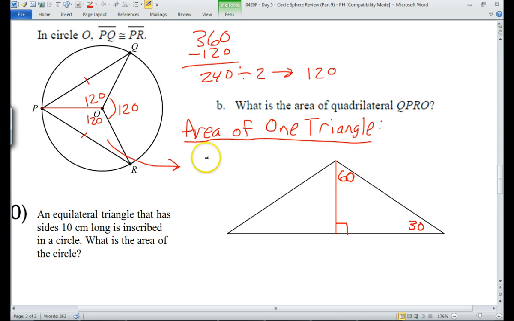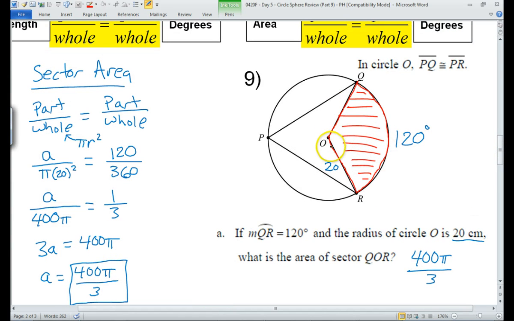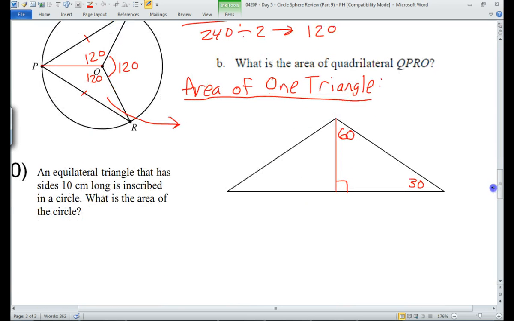Now remember, we know what the radius of the circle is. Okay, if we look back up there, remember that the radius of the circle is 20. That means this top side of the triangle here, this is a radius right here. So this would be that same distance, because what we're doing is basically we dropped an altitude over here.